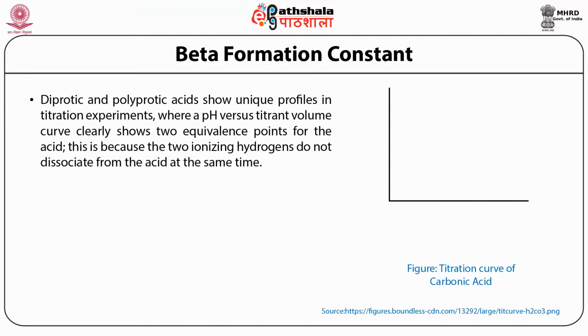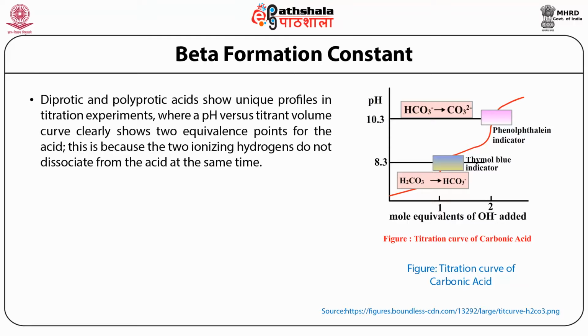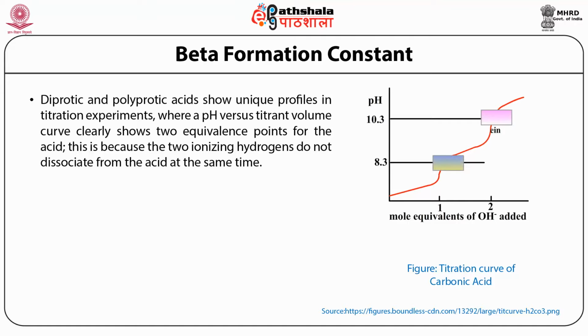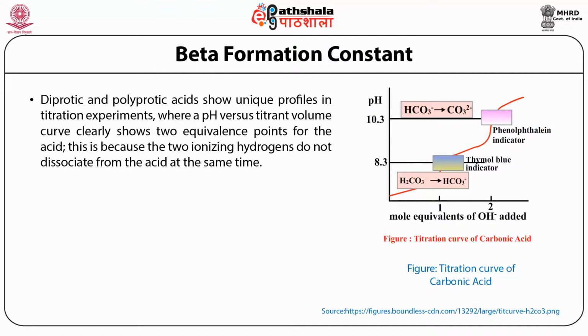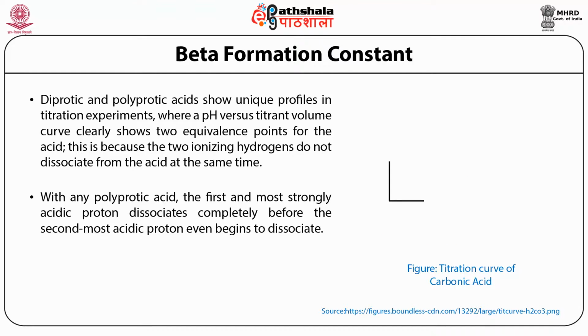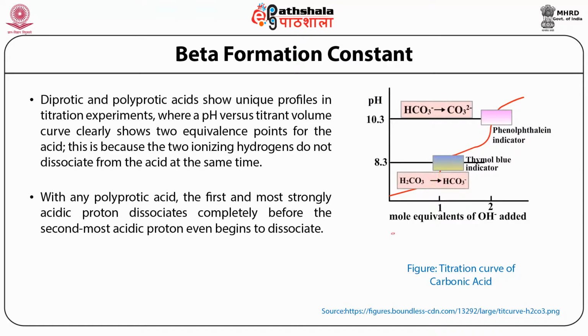Diprotic and polyprotic acids show unique profiles in titration experiments, where a pH versus titrant volume curve clearly shows two equivalence points for the acid. This is because the two ionizing hydrogens do not dissociate from the acid at the same time. With any polyprotic acid, the first and most strongly acidic proton dissociates completely before the second most acidic proton even begins to dissociate.